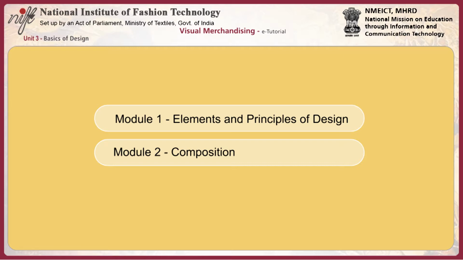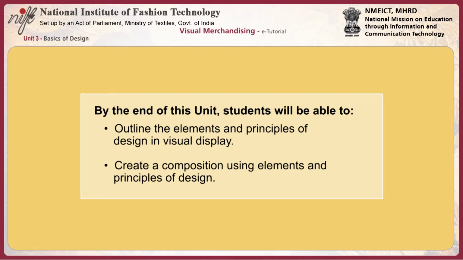This unit comprises 2 modules and a final review section that invites you to reflect on what you have learnt. By the end of this unit, students will be able to outline the elements and principles of design in visual display, and create a composition using elements and principles of design.